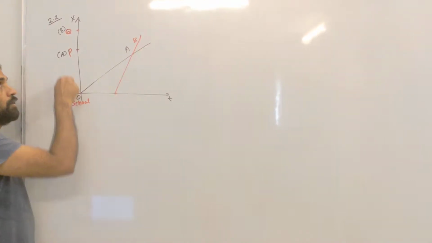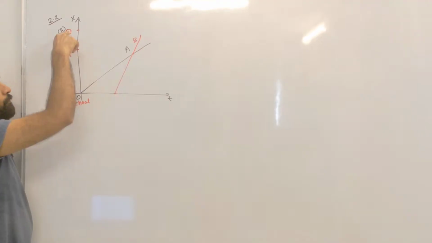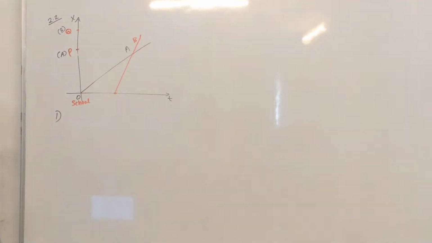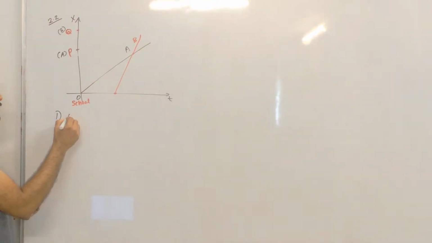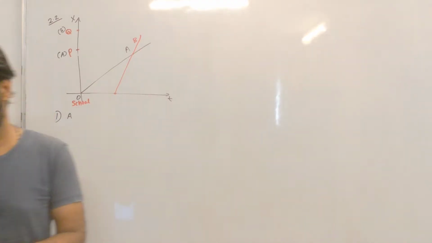From school, A's house is this, so this is the distance. B's house is this, and that is the distance. Who is nearby? So in the question, A is nearby. So the answer is A's house is nearby than B's house.